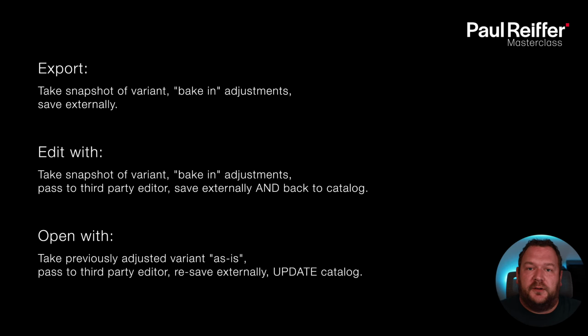So I end up with two TIFF files. So if I want to work on the existing file that's already been outputted or exported, I use open with, not edit with. And this is going to be important in a second because it will then update the TIFF file, the same TIFF file that you originally edited. So that's the reason that's important.